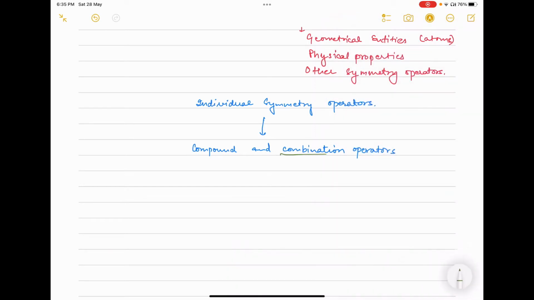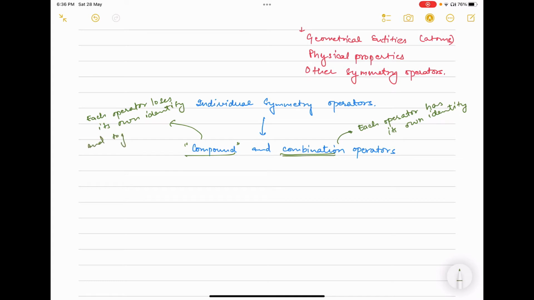In combination, two symmetry operators are just clubbed together and each operator has its own identity. But in compound, they are clubbed together such that each operator loses its own identity and together they act as a single operator.